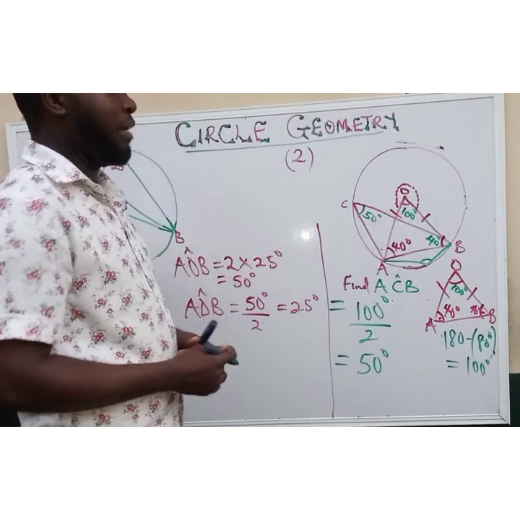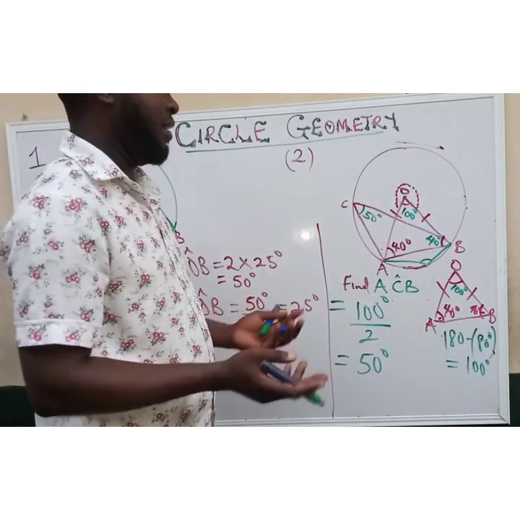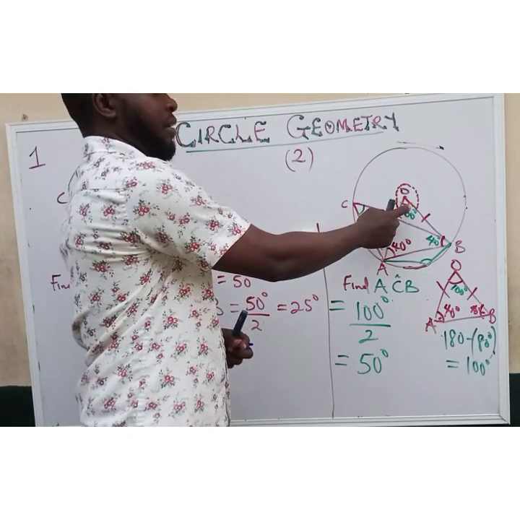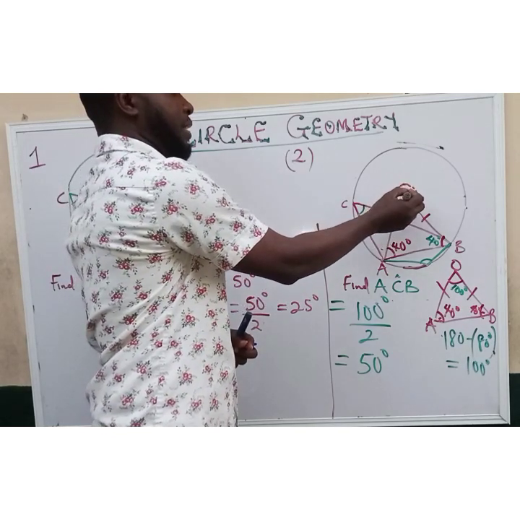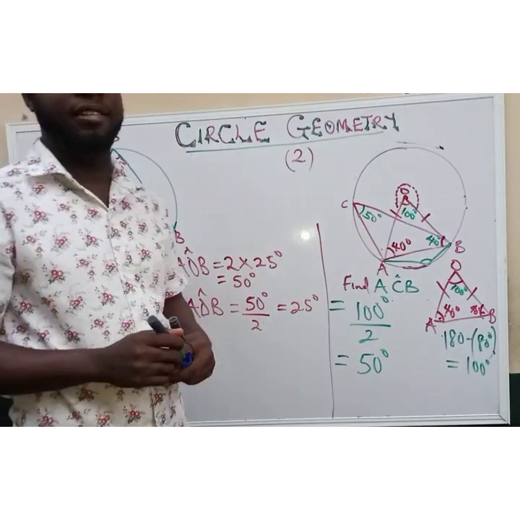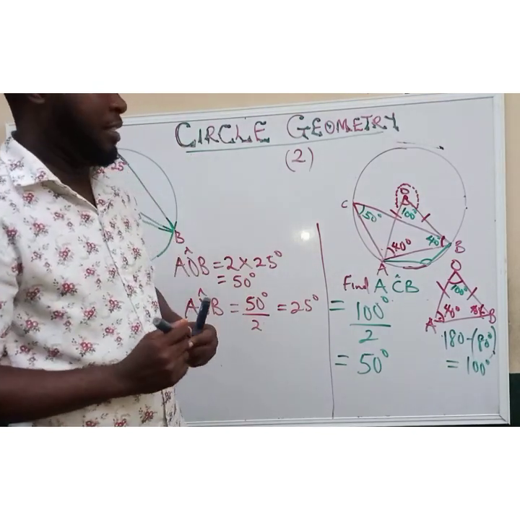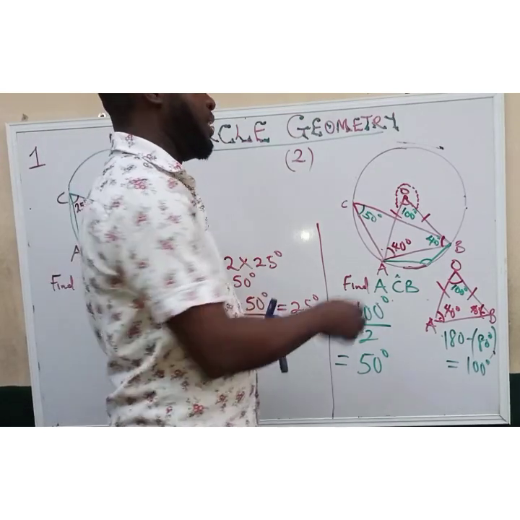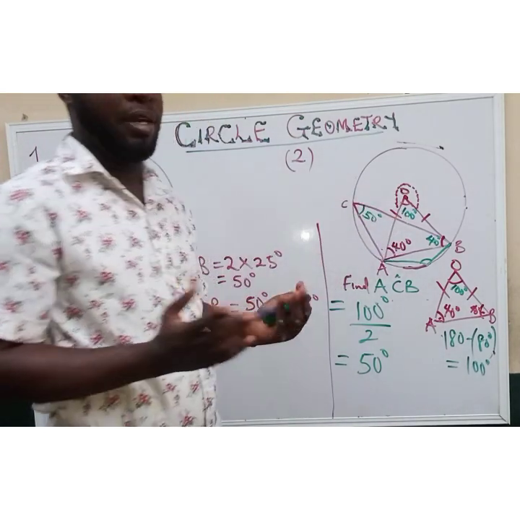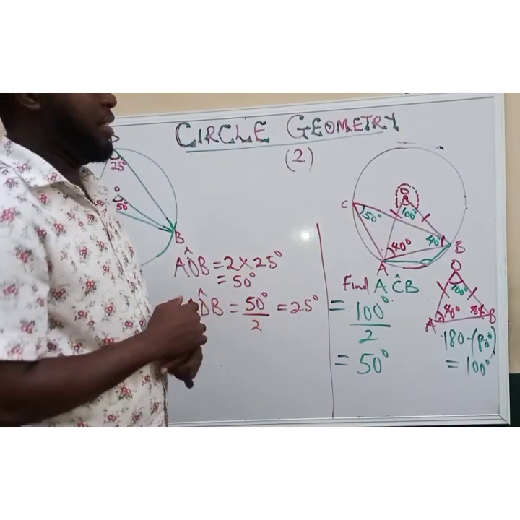Now to find this angle now is simple. Since you have this, now this is the point. An angle at a point is 360 degree. Angle at a point is 360 degree. So what you need to do is subtract 100 from 360. Then you are going to have 260 degree.